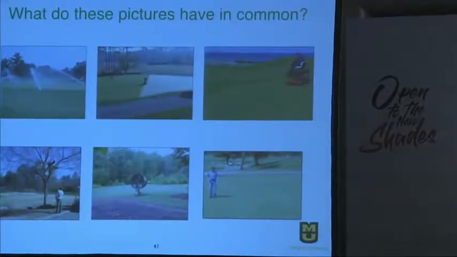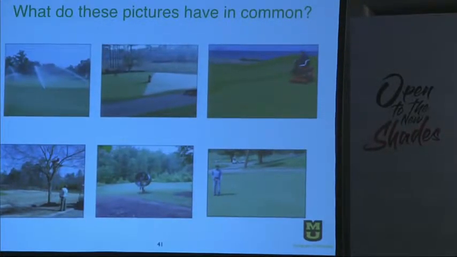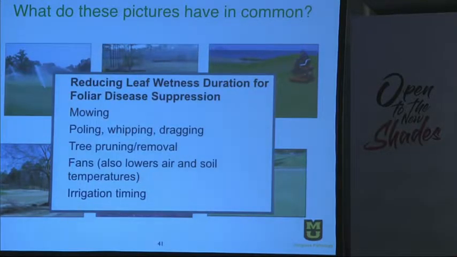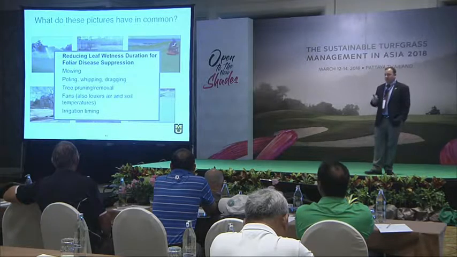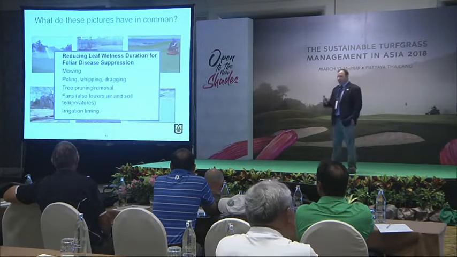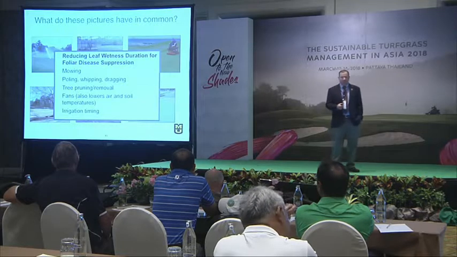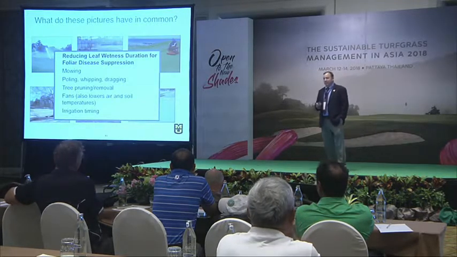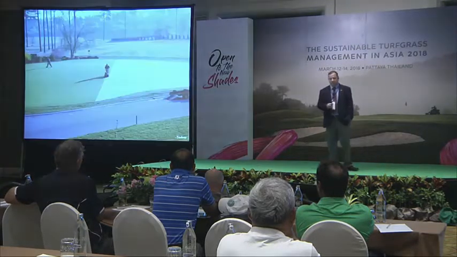This is called a dew whip. But basically these are all ways of removing dew and leaf wetness. So doing these practices will limit foliar diseases, particularly if you have problems with dollar spot on seashore paspalum, and can be one way to minimize the severity of those diseases.